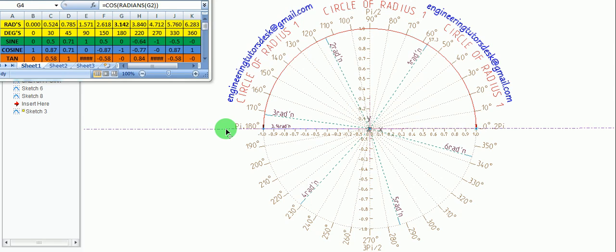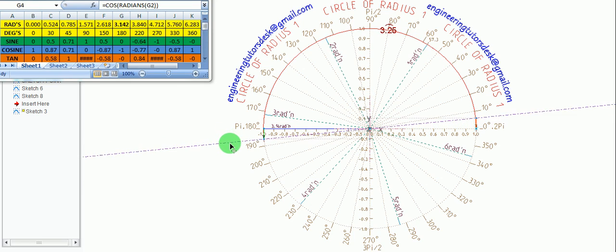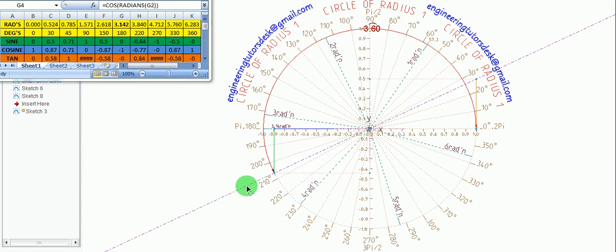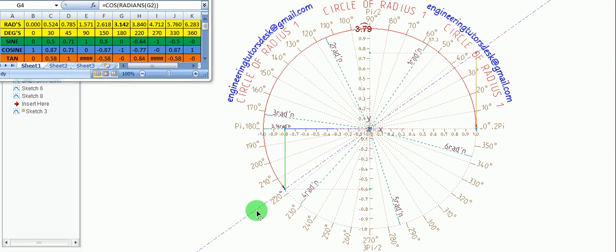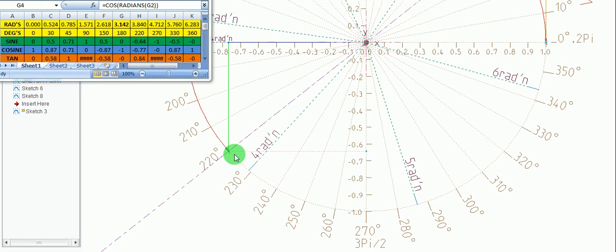Let us enter into quadrant number 3 and locate an angle 220 degrees. At 220 degrees, the measured height of sine is in the negative direction, which is minus 0.64. At 220 degrees, the measured length of cosine is minus 0.77.